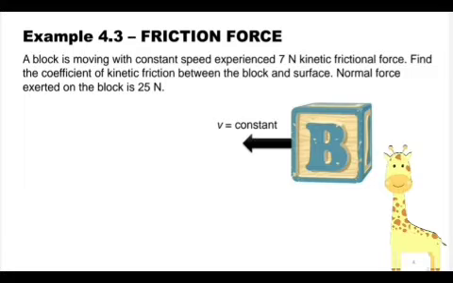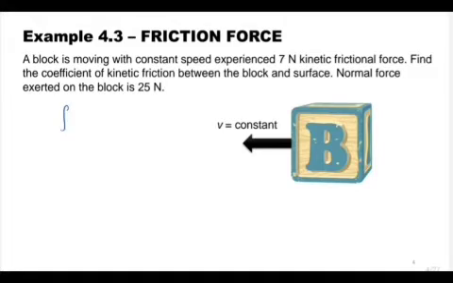Example 4.3 Friction force. A block is moving with constant speed, experience 7 Newton kinetic frictional force. Find the coefficient of kinetic friction between the block and surface. Normal force exerted on the block is 25 Newton. According to the question, we had kinetic frictional force equal to 7 Newton. And also we have normal force equal to 25 Newton.